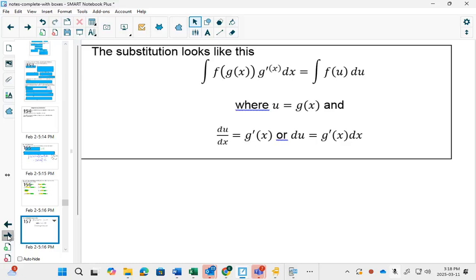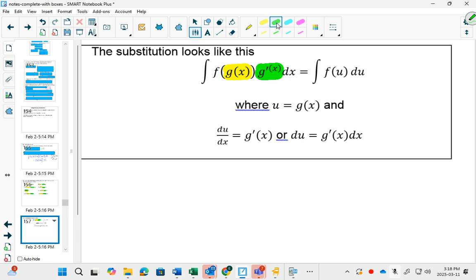We take out our same highlighter. What we're looking for is a function inside of another function, and that inside function also has its derivative up here.